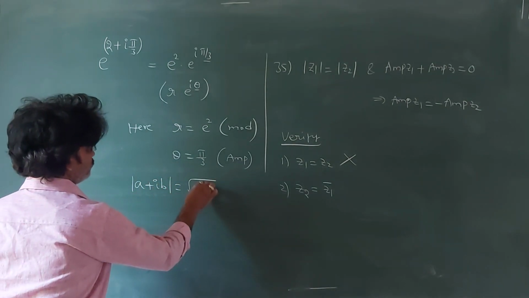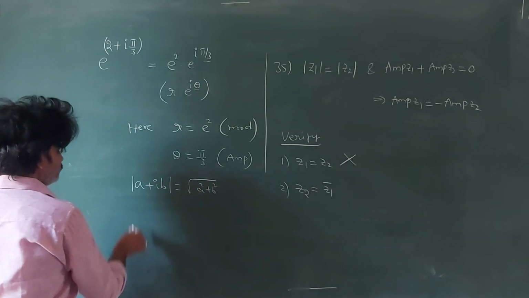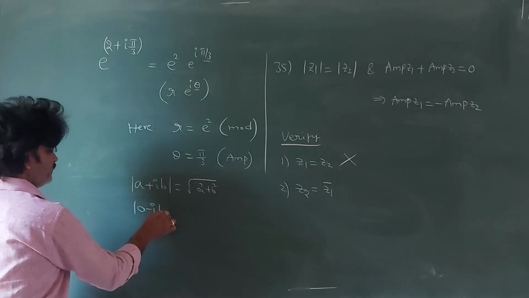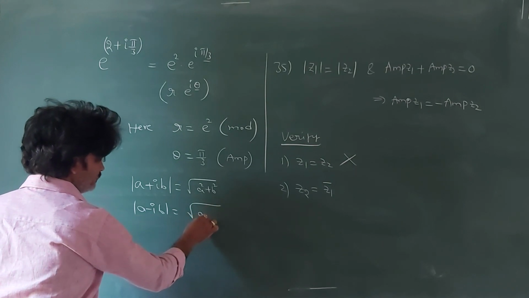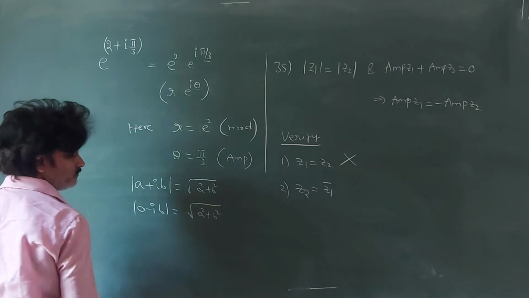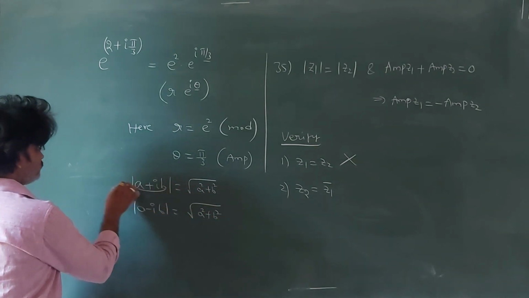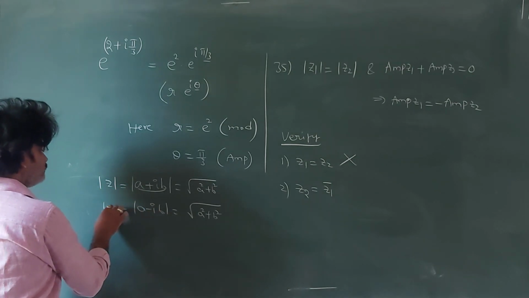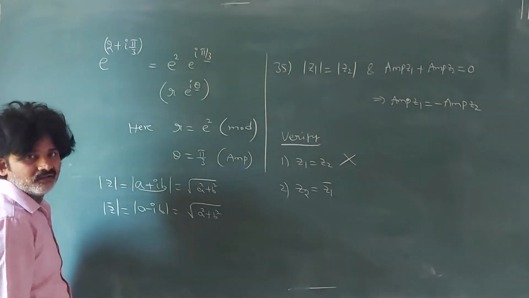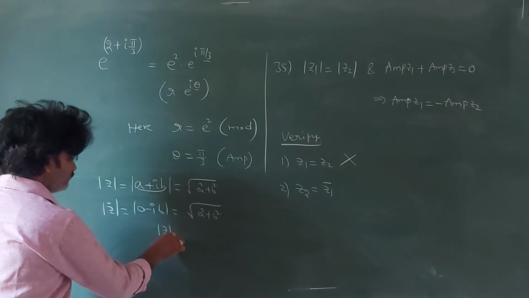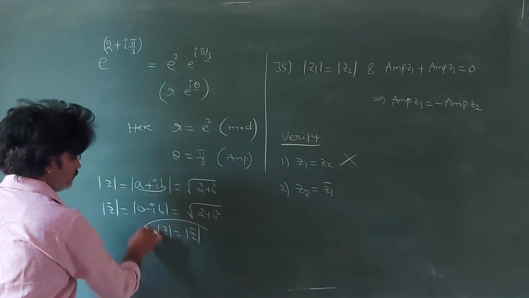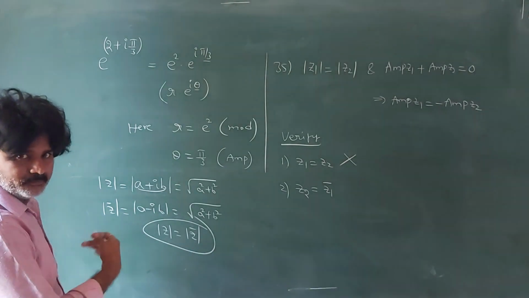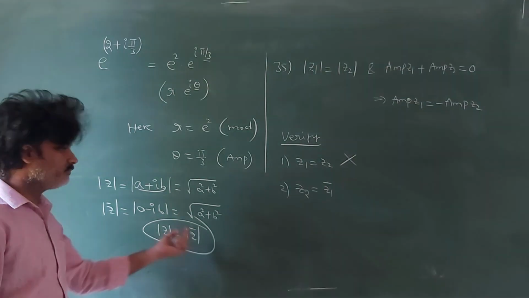All of you know it is root of a square plus b square. Then what about the mod of a minus ib? It is also root of a square plus b square. If I denote this complex number with z, then a minus ib is nothing but z bar. So the modulus of z is always the same as the modulus of z bar. I gave this point while explaining modulus.